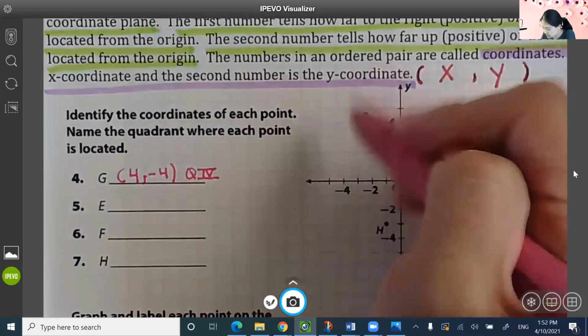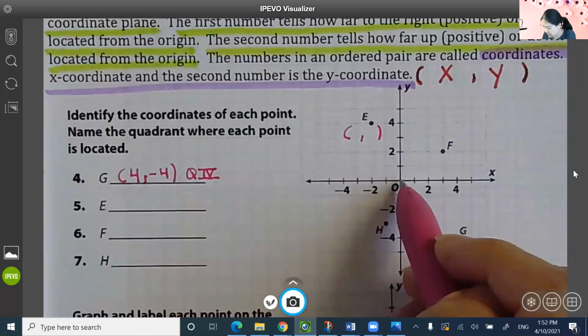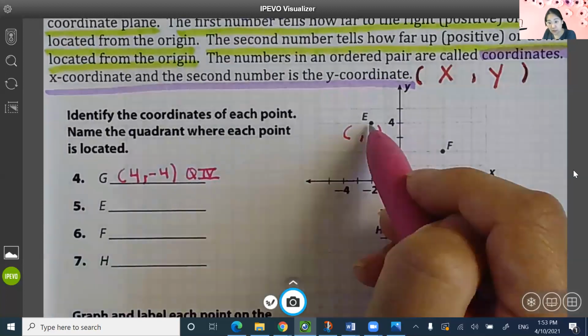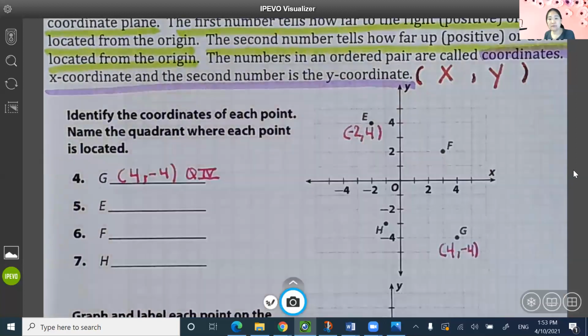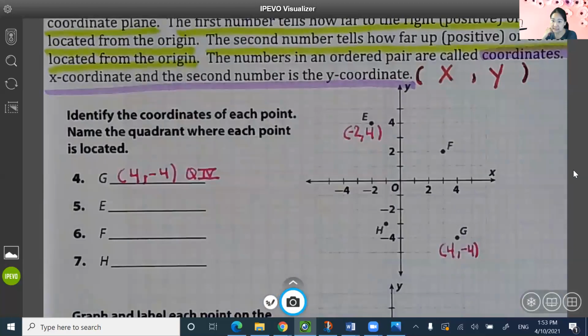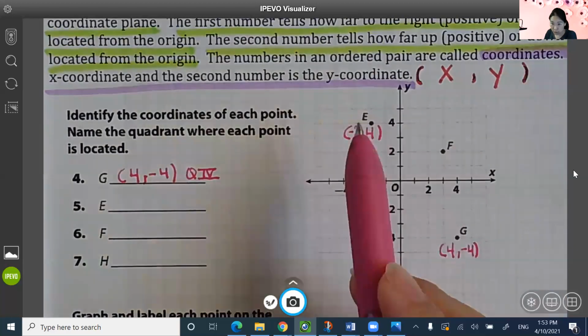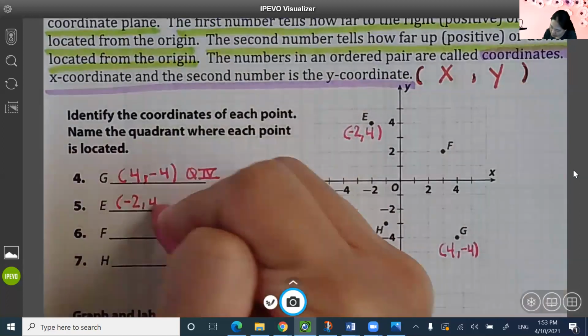So first, I'm going to the left to -2. And then I'm going to go up to +4. So -2, comma, 4, those are the coordinates of that point. And we are in quadrant 2.